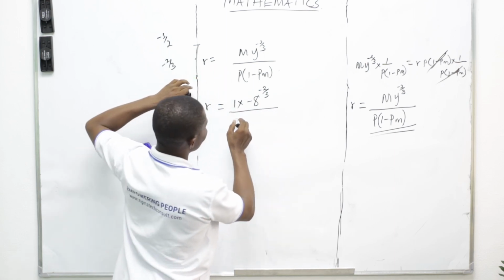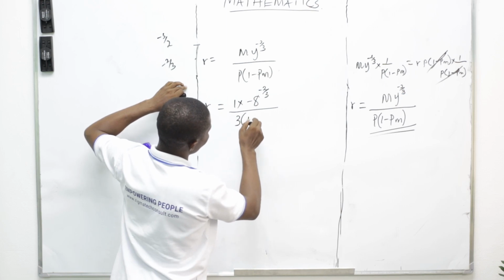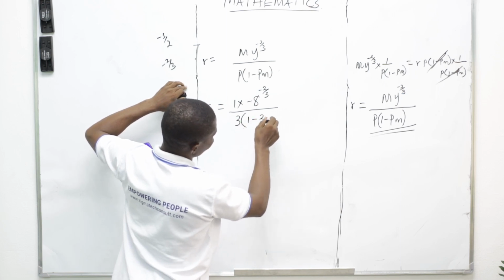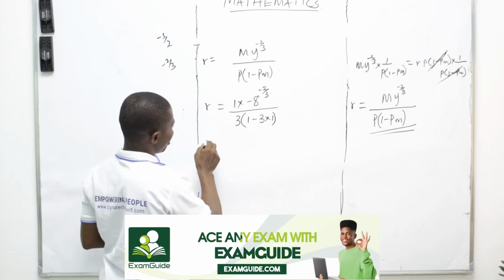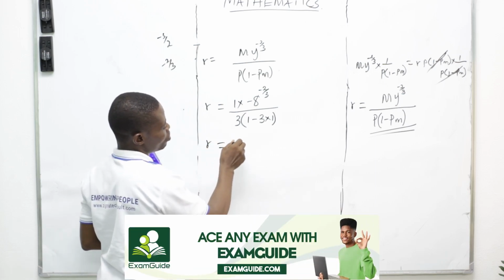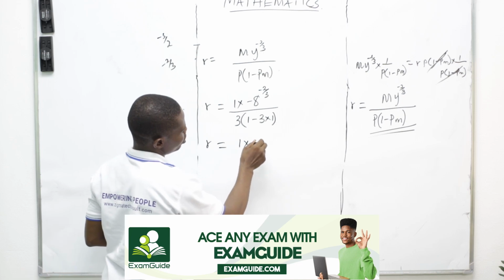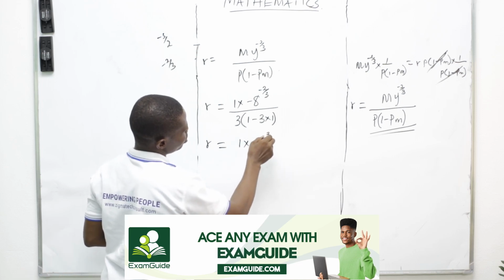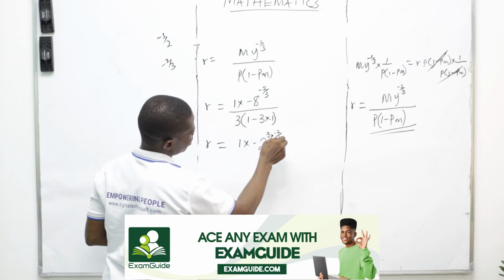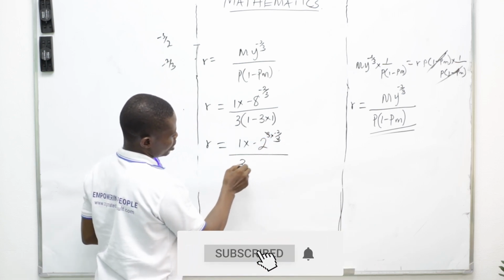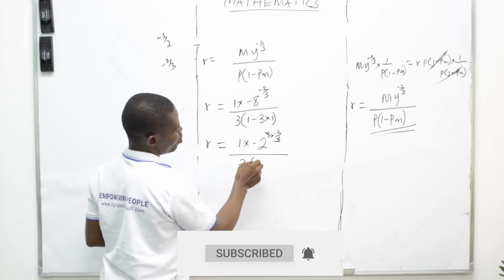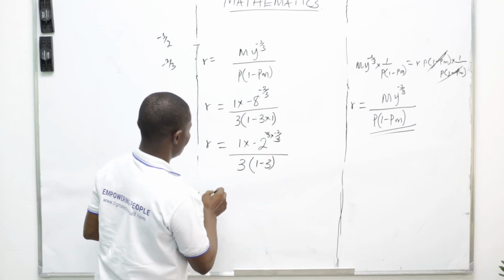What is p? 3 into 1 minus 3 times m, which is 1. So r is going to give us 1 times minus 8 raised to the power minus 2 over 3, all over 3 into 1 minus 3.